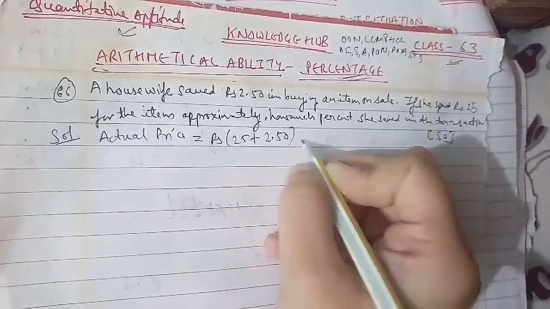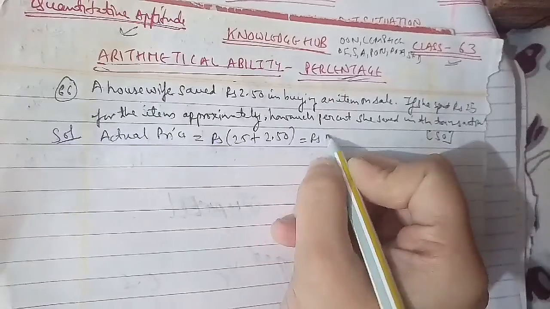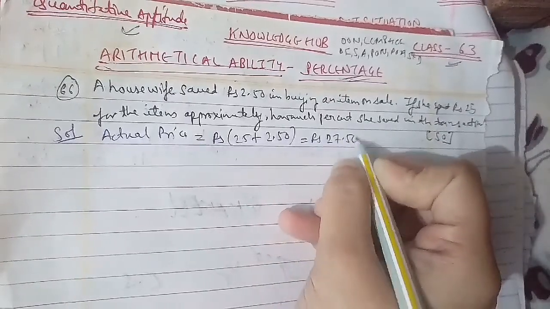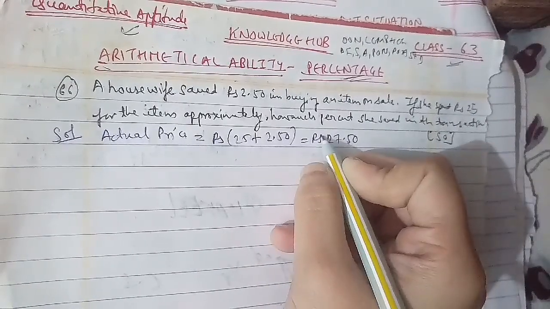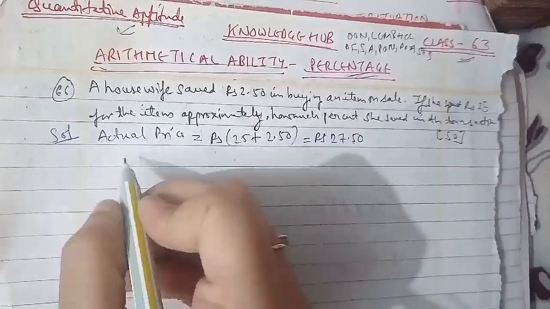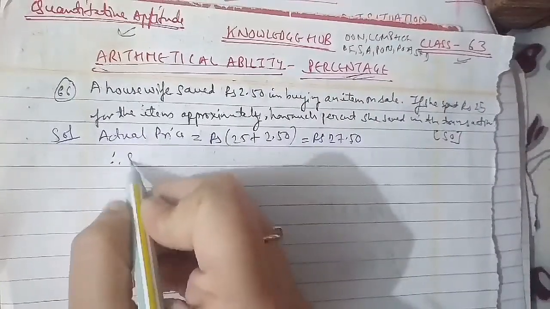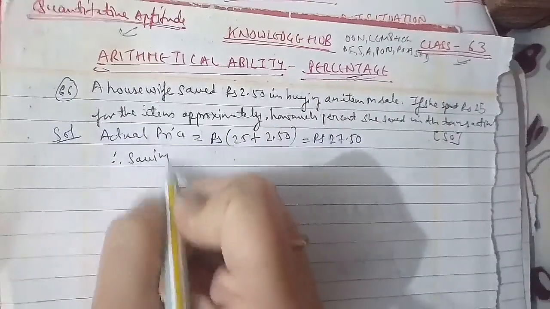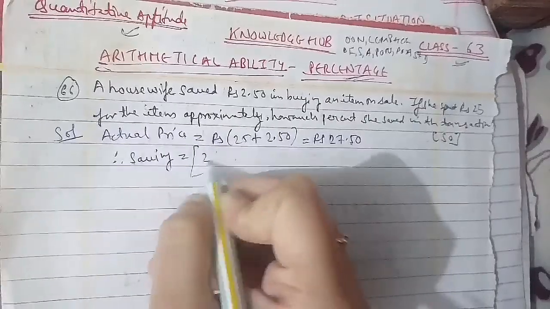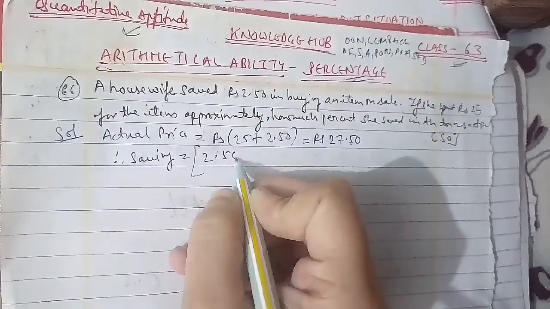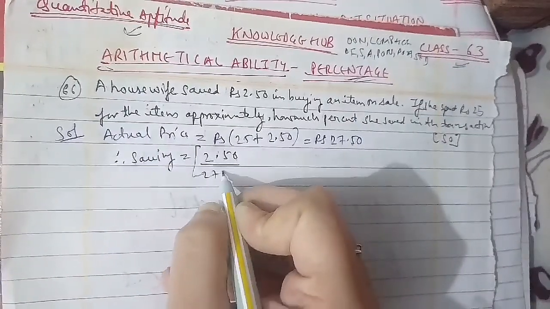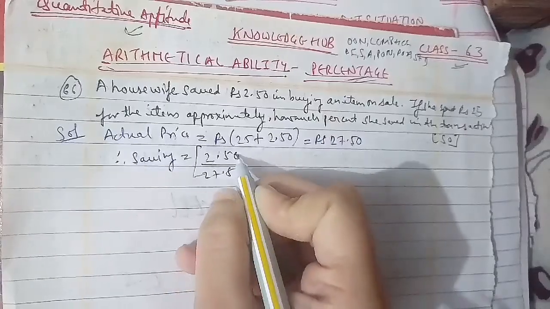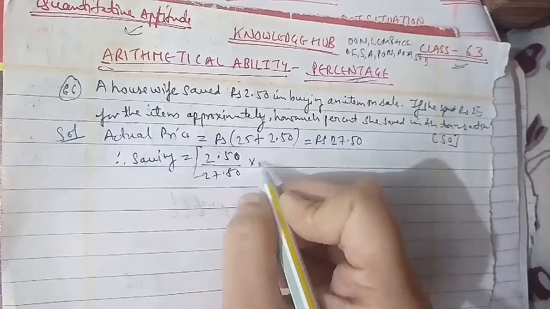So saving equals 2.50 upon 27.50 into 100%, which equals 100 upon 11.